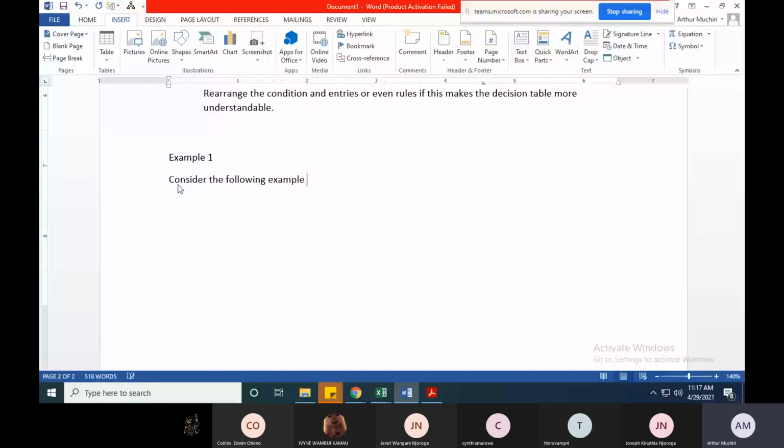Consider the following example which illustrates the basic concepts of a decision table.